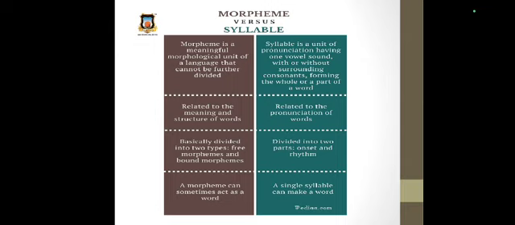The third major difference between morpheme and syllable is that morpheme is basically divided into two types, free morpheme and bound morpheme, and syllable is divided into two parts, onset and rhyme. A morpheme can sometimes act as a word, and a single syllable can make a word.